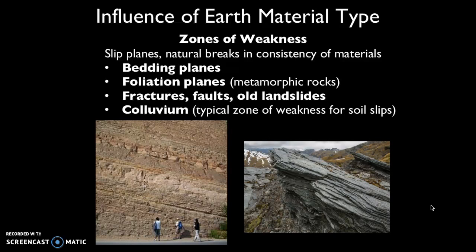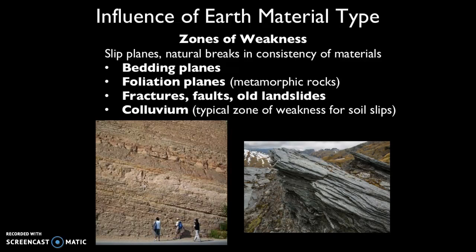Other zones of weakness can be these foliation planes, which happen in metamorphic rocks. Certain metamorphic rocks, as you may remember, are going to be foliated, meaning they have these planes. Literally, they're just planes upon which the minerals arrange and align.